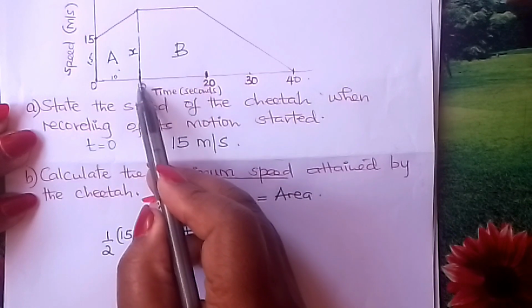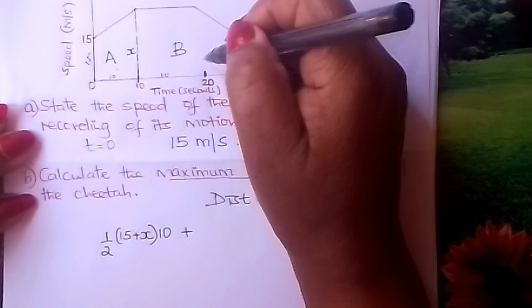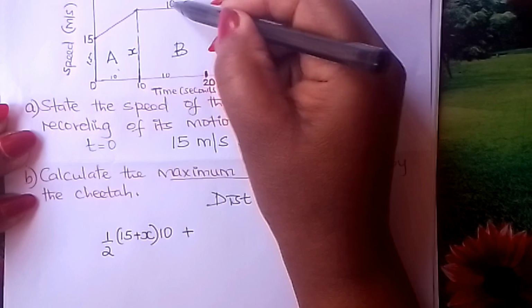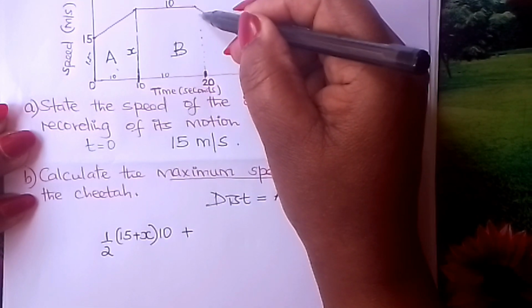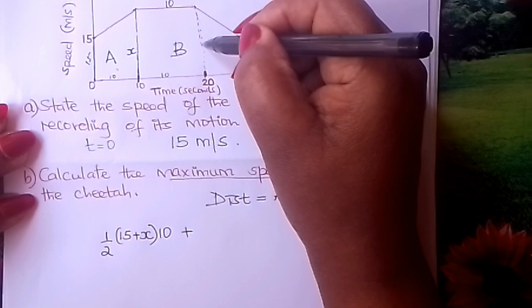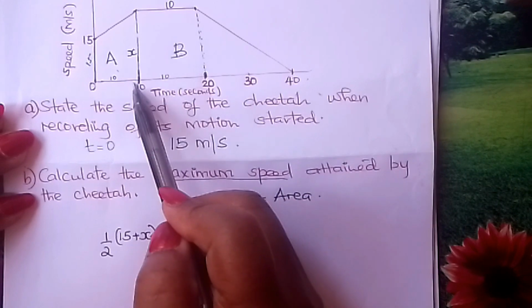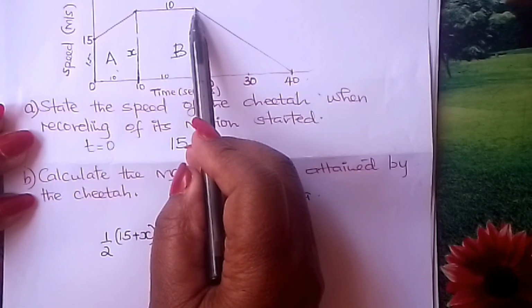So 20 minus 10 gives us 10. So this length is 10 here. Because if we were to draw a line like that, it would touch that point up there. So even here it is 10.